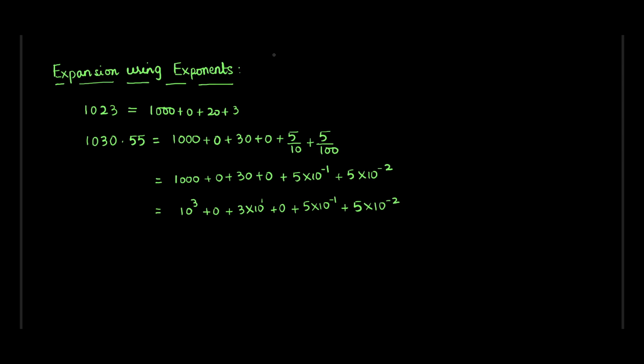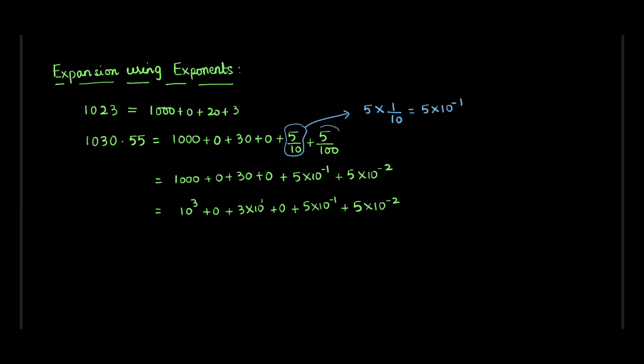So over here, what I did was, the number was 5 by 10. So this 5 by 10 can be written as 5 into 1 upon 10. Hence you can say 5 into 10 to the power minus 1.